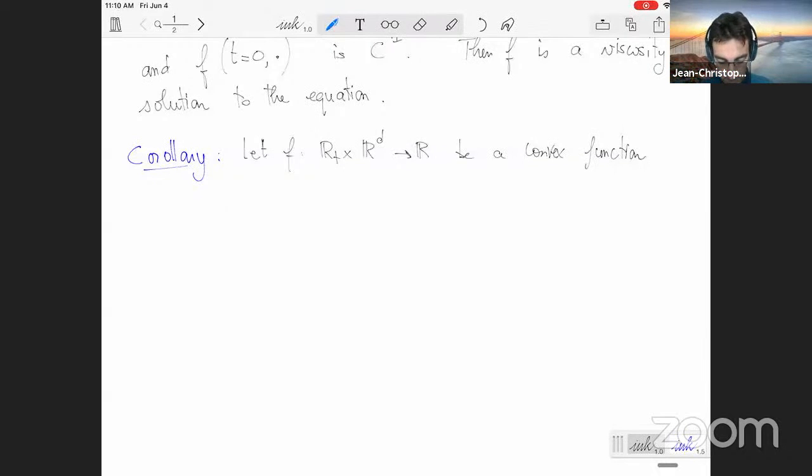Okay, so let f be a convex function such that f of 0 dot, which I'm going to denote as psi as usual, is of class C1.